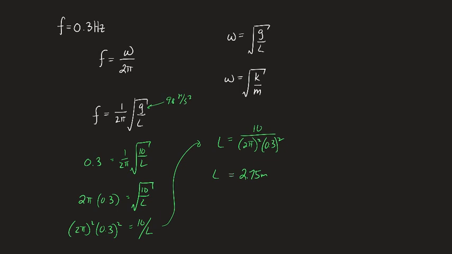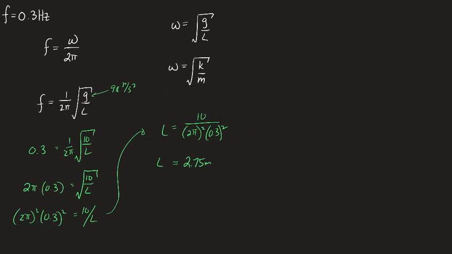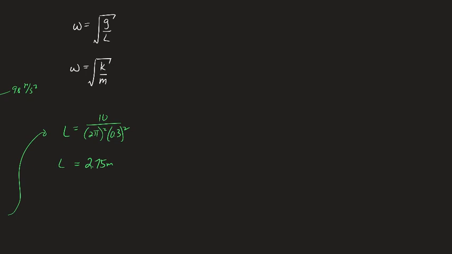You're then asked to find a spring mass system with a 1 kilogram mass. If a spring is to be used instead, what would be the spring constant needed to accomplish the same frequency? So I assume we're talking about the 1 kilogram mass in that circumstance. It's more or less the same exact problem, except you're looking for k.